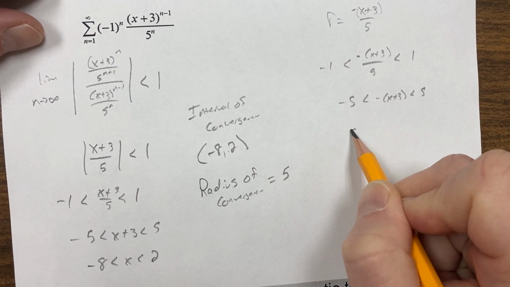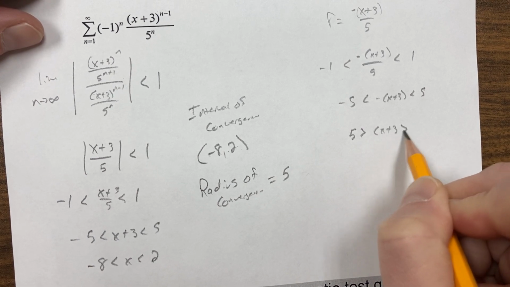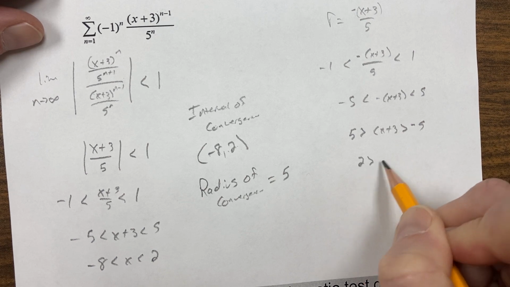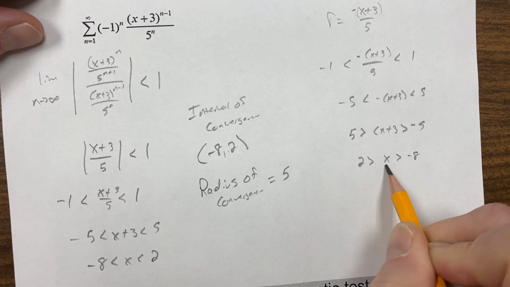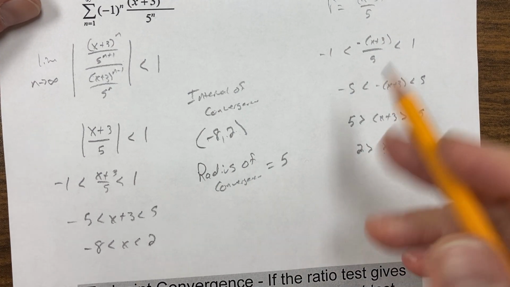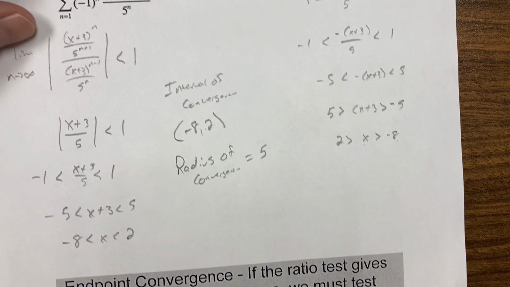If you would have done the negative, that's okay. It would have just flipped everything around like this. And then when you subtract 3, you still would have gotten the same answer: x is between -8 and 2. It just would have been flipped over. So the negative is fine if you included it, but it won't necessarily matter.